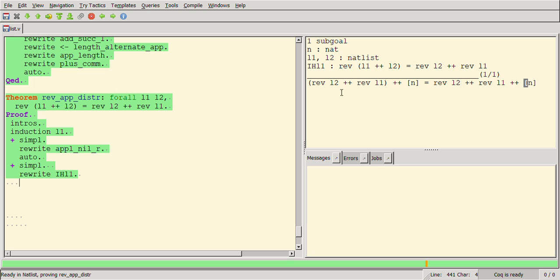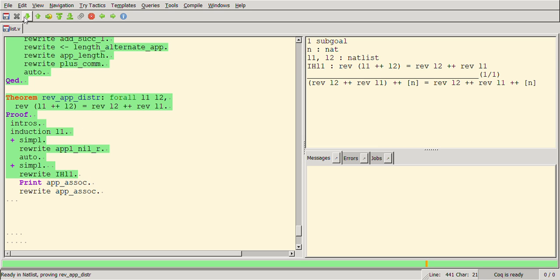Oh no, because we have parentheses here, but there are no parentheses here. But this parenthesis can be removed using the associative property of append. Rewrite append associative. We have already proved this. If you do not remember, I will use print append associative.